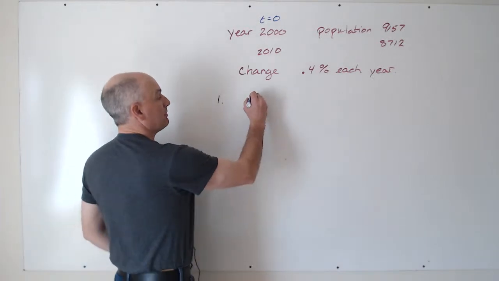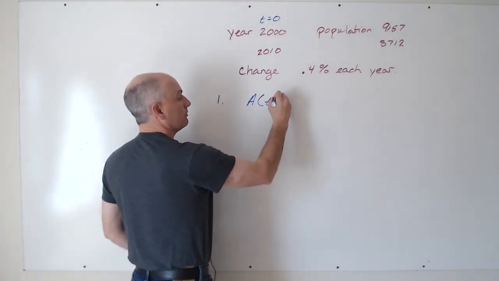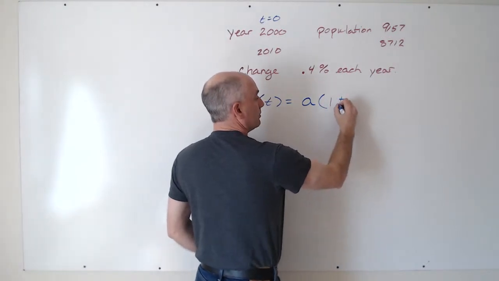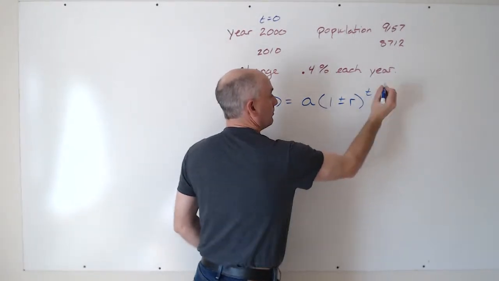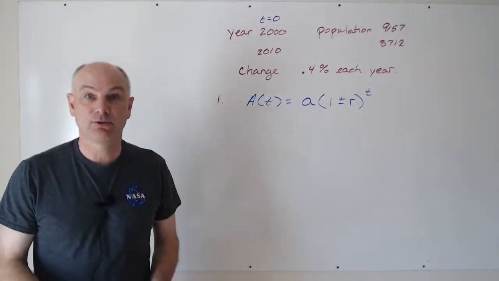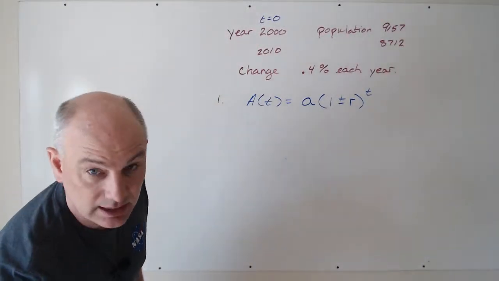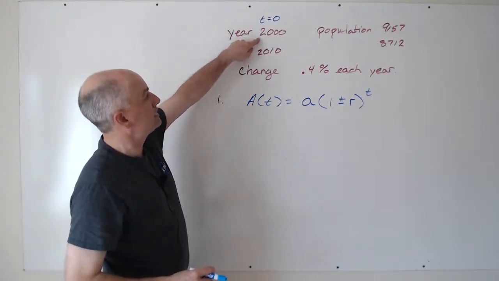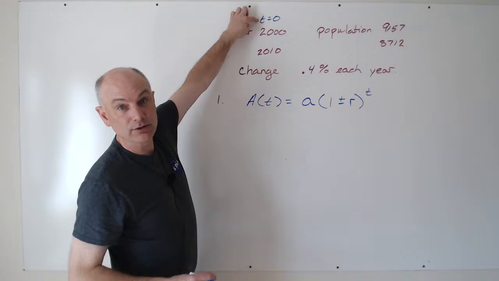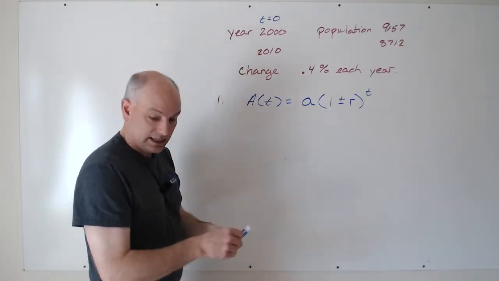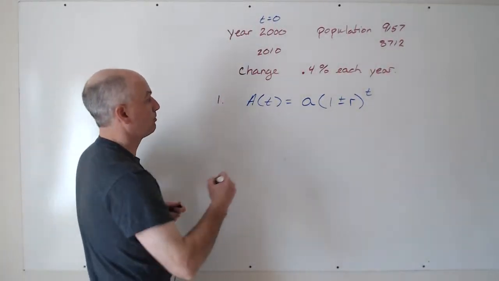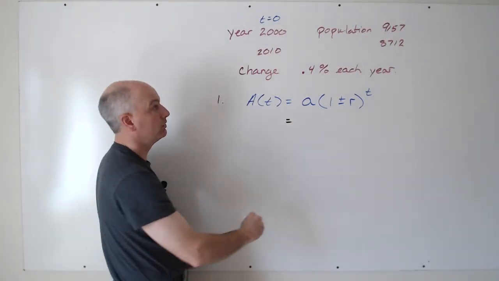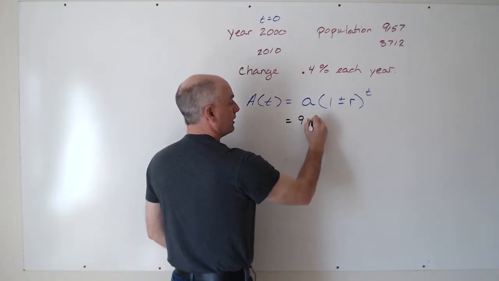So as I set up my formula, A of t, again, it's based off this information. We're starting with that formula here, and we have to look at the information we're starting with when t is equal to 0, which is the year 2000. As I start inputting my information for problem 1, the first thing I know is that my initial value is 9,157.